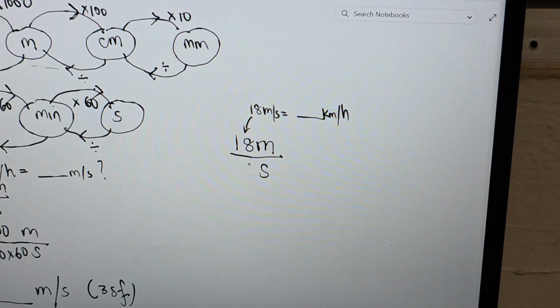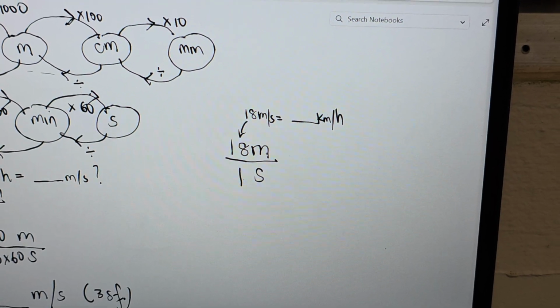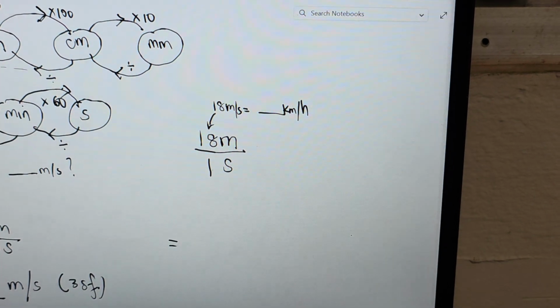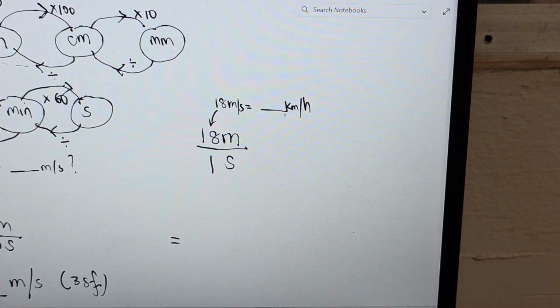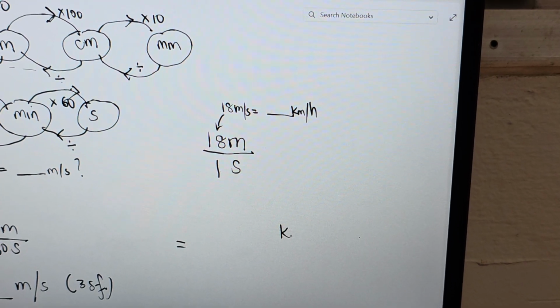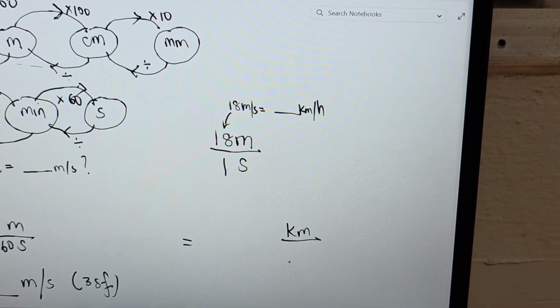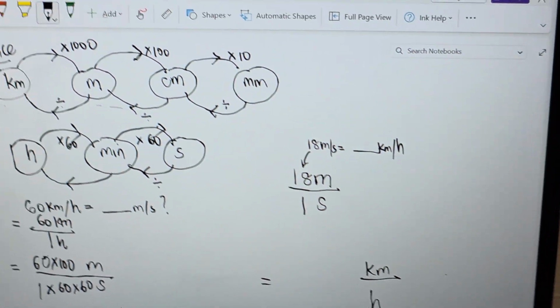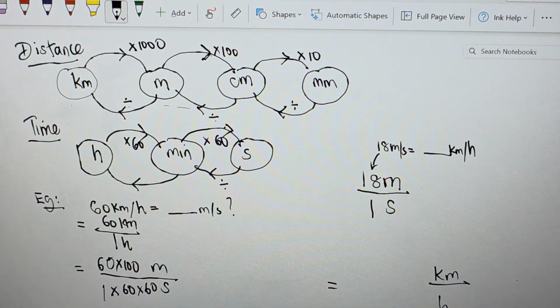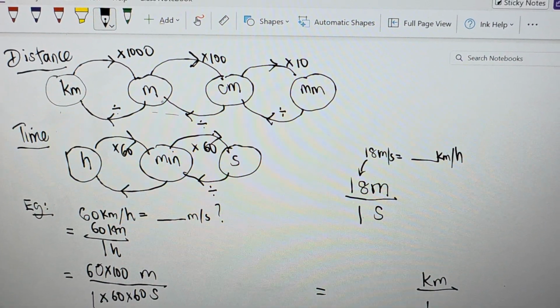There's no number here, it means 1 second. Now you need to convert these meters to kilometers, and this second you need to convert to hours.